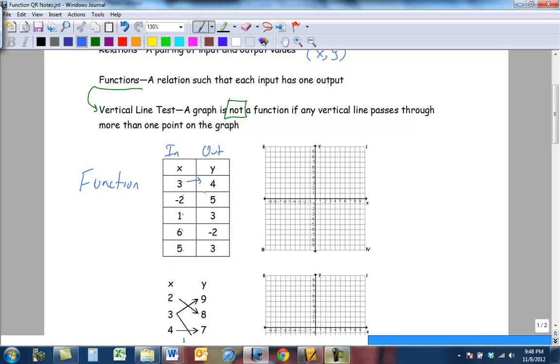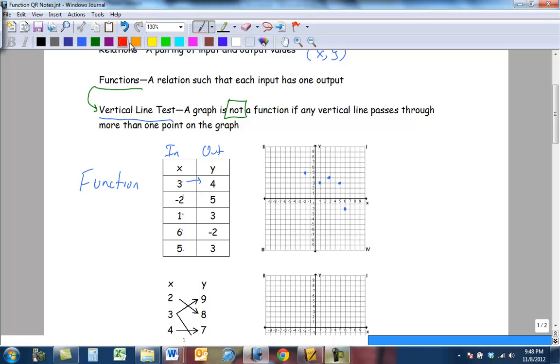Right? Now, to prove this, along with the vertical line test, I'm going to plot these points. So we got the point 3, 4, negative 2, 5, 1, 3, 6, negative 2, and 5, 3.